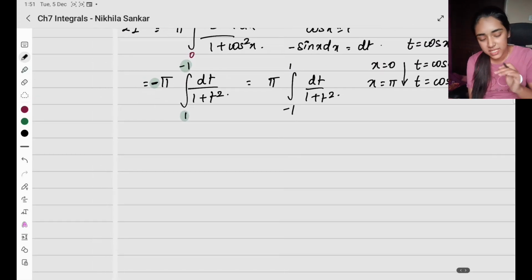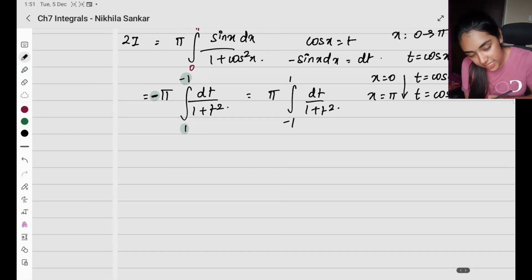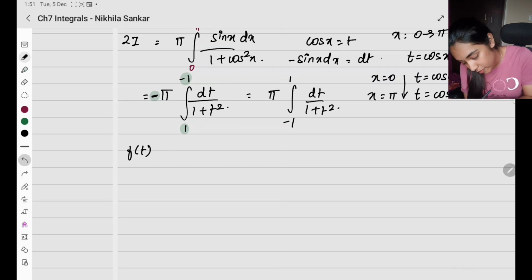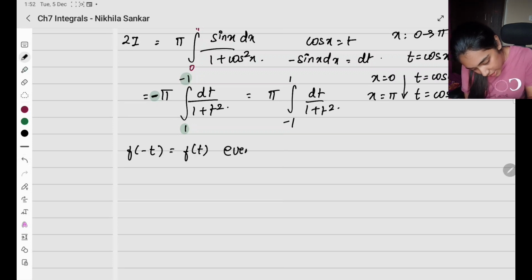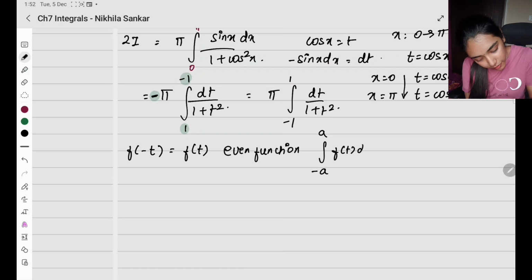Now property number 7 enna solludhu? If the function that is inside is an even function, so if f of minus t equals f of t, even function, then the limit minus a to a of f of t dt becomes 2 times 0 to a.